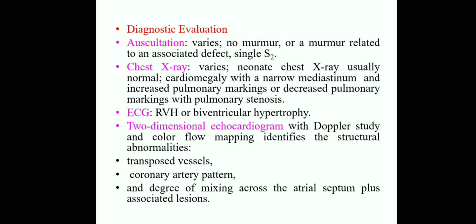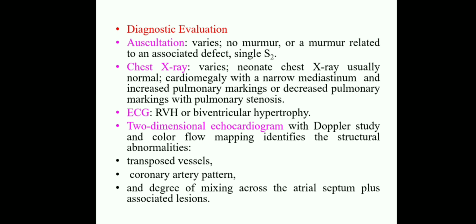First, we will see the auscultation. It varies. There are no murmurs, or a murmur related to an associated defect. Mostly a single S2 heart sound we will hear. We will auscultate in the S2 area. Okay, this is about the auscultation. We can't recognize any murmurs. But coming to the chest X-ray, it varies.